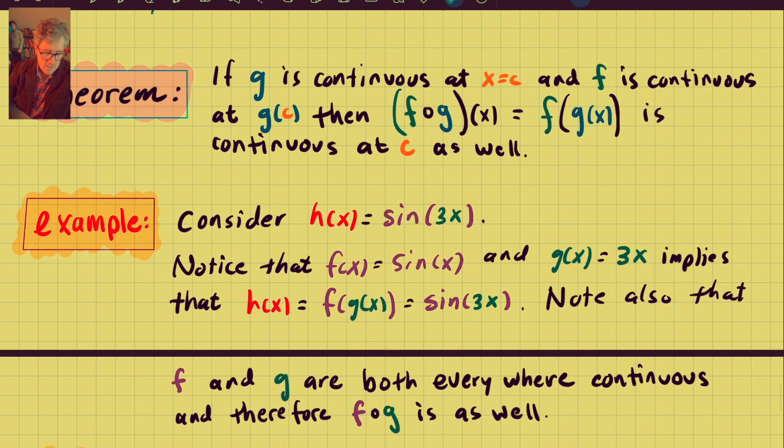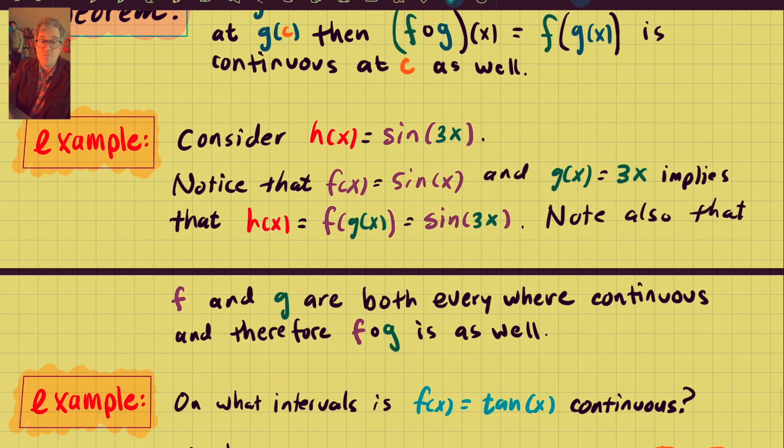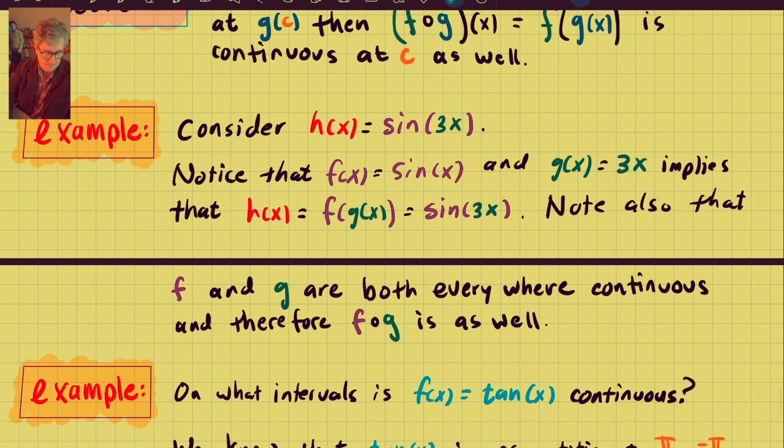That implies that h of x is equal to f composed of g, so sine of 3x, naturally. And notice also that f and g are both everywhere continuous, and therefore the composition is as well. So not a problem. Anywhere you can plug in an x, you can certainly plug in a 3x, not a problem.